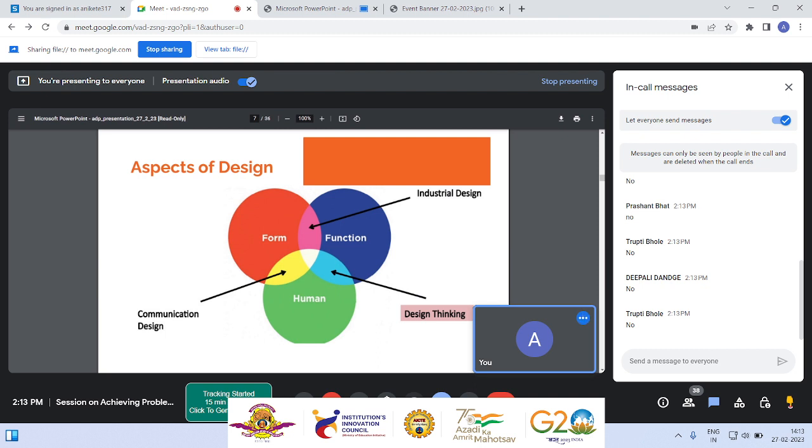The reason is the function, meaning the functionality that the product performs, the input and output of a product. The process is hidden from the user or the customer, you can say.